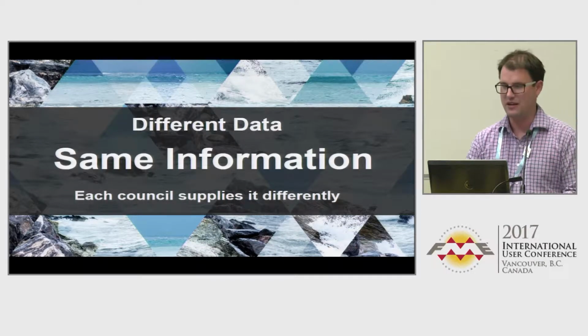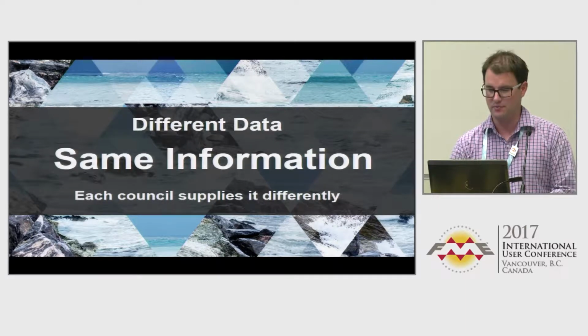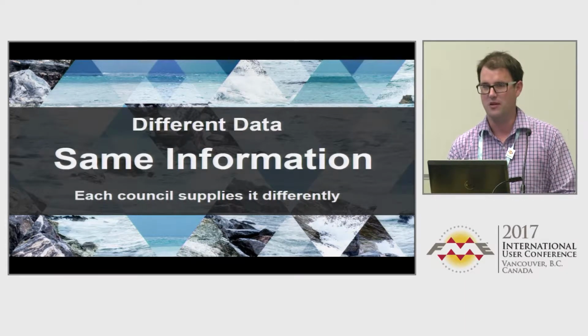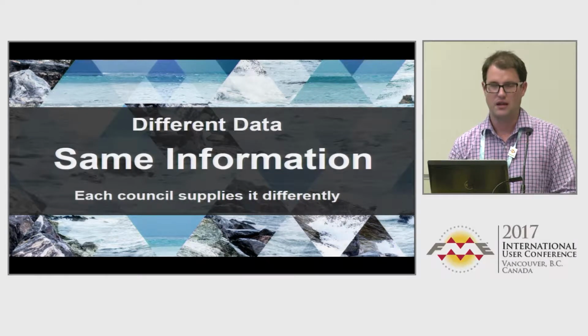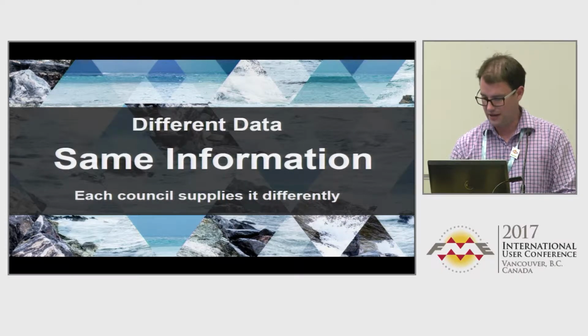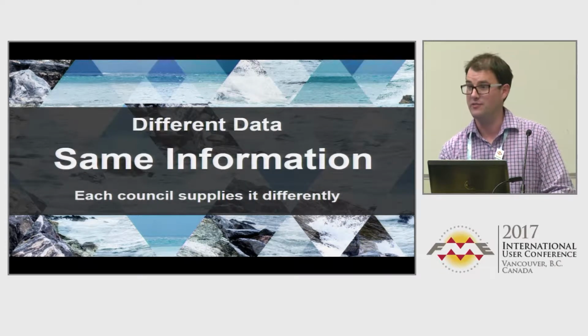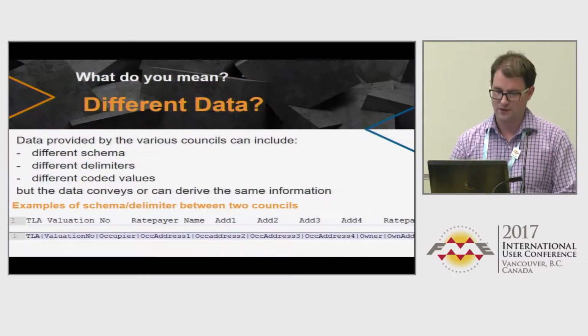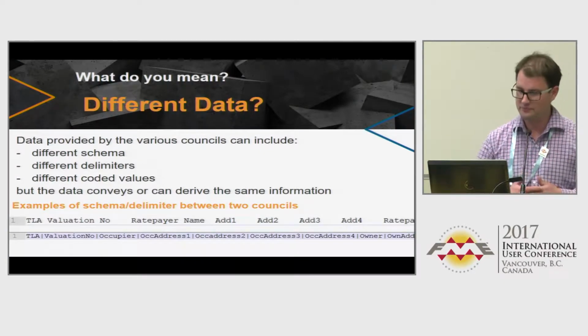So what's actually happening? Each of those councils is supplying basically the same information within a file, but it all comes in different ways. So there are different data schemas, there's all sorts of different things going on, and each council does it a different way. And so what do I mean by that, different data?